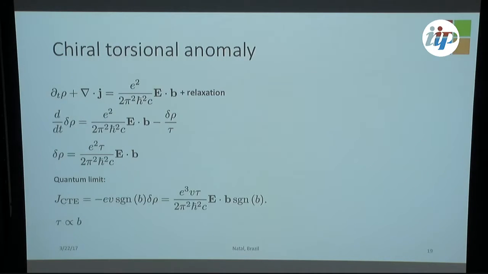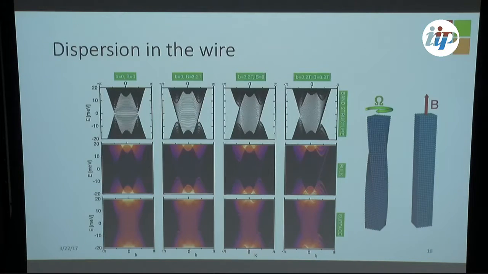This looks very similar to the usual chiral anomaly expression, except now the relaxation time between the counter-propagating states is not relaxation between spatially co-located chiral Landau levels, but between the chiral Landau level in the bulk and the surface state.